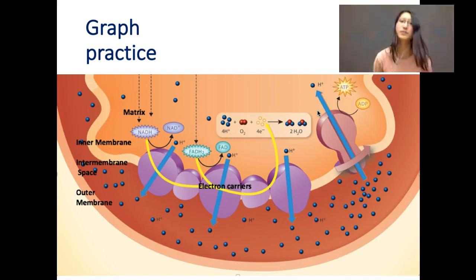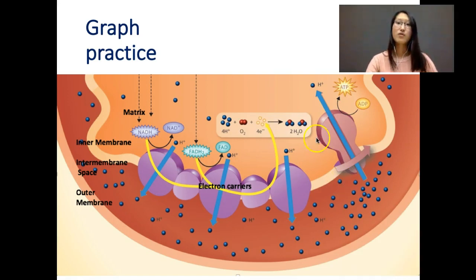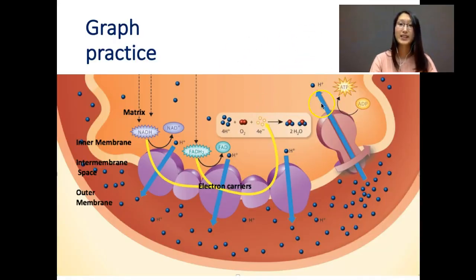So this right here, you should mark on your paper. This is ATP synthase. As ATP synthase is spinning, ADP and phosphate groups are combined together. And now we're making about 32 or 34 ATP. It really depends.